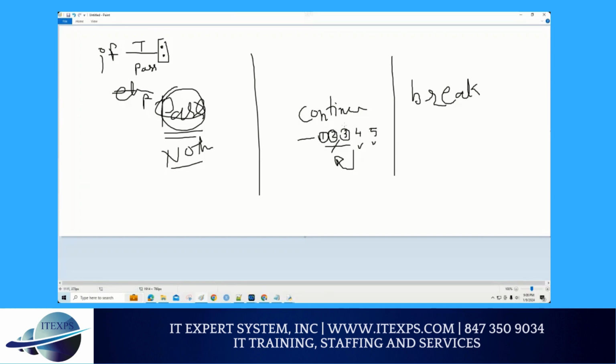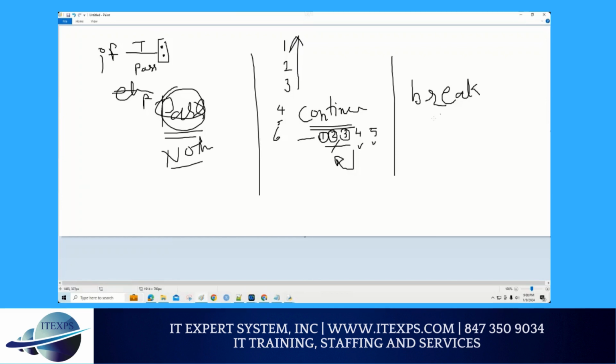The loop is continuing, but you are not doing the action. And then you print 4 and 5. So continue does not stop the loop. It skips the cycle. So if I want to ignore the first 3, then I'll say continue, and then it will start at 4, 5, 6.